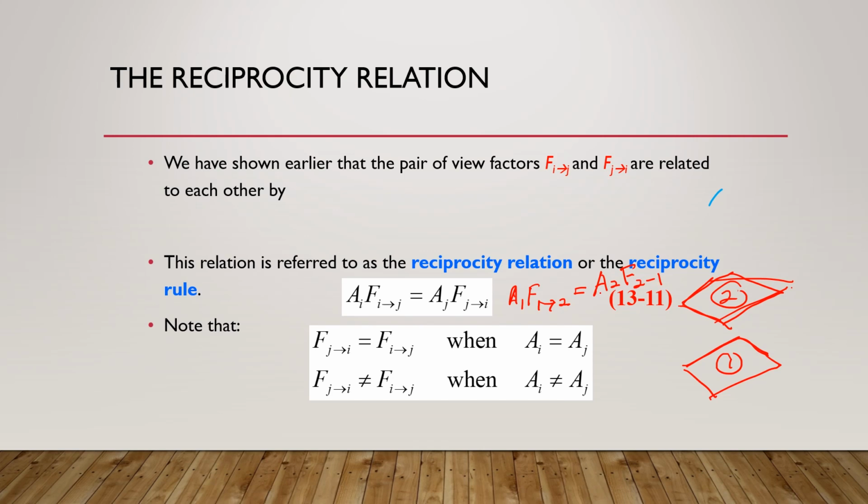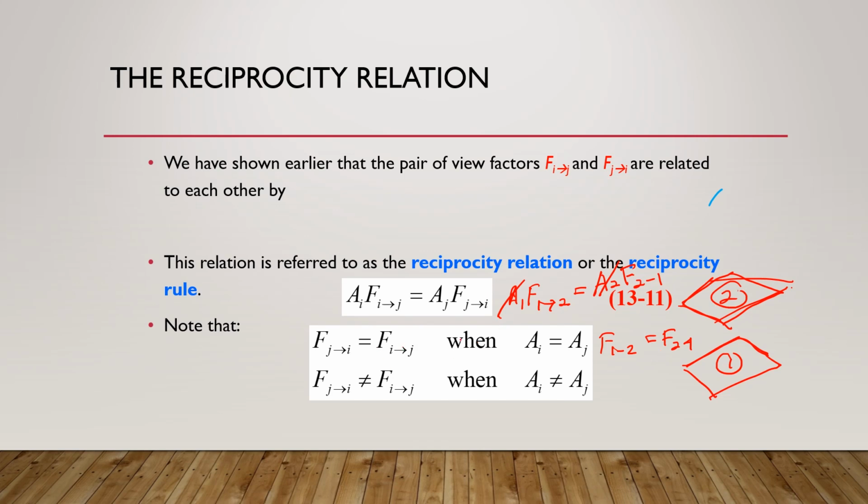You will cancel out the area, so you will know that F1 to 2 equals F2 to 1. Whatever radiation from here strikes point 2, point 2 will strike back to point 1, with the same value of the view factor.